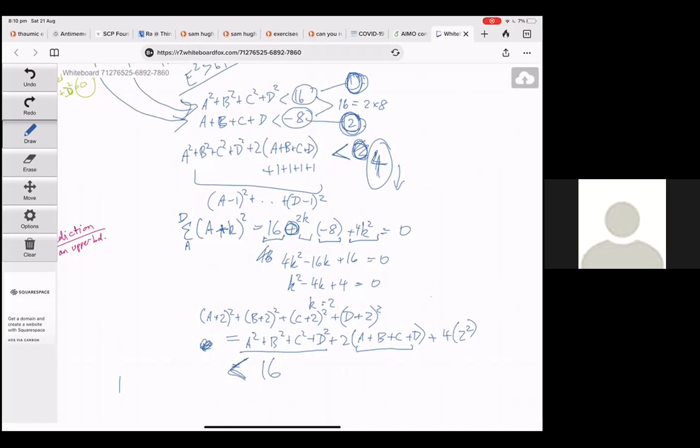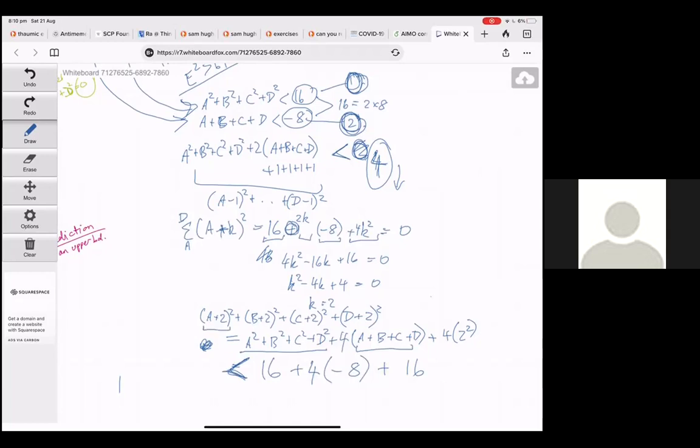Okay, good, good. Now I can start to use my inequalities. So plus 2 times a plus b plus c plus d, which is negative 8, plus 16. No, not plus 2. It's my plus 4. So the plus 4 comes from my cross terms.